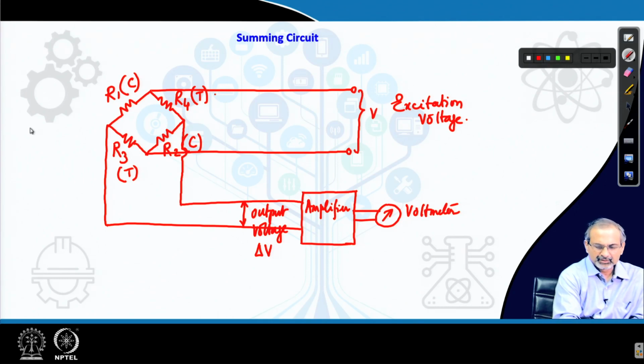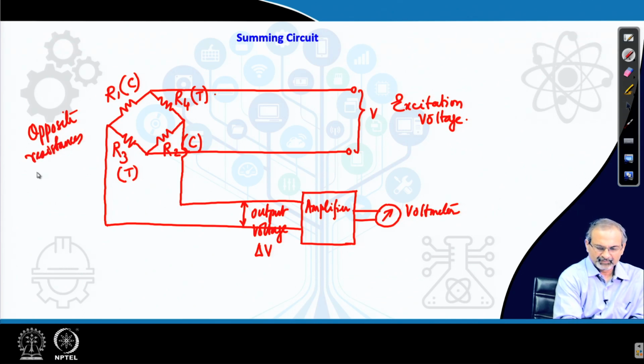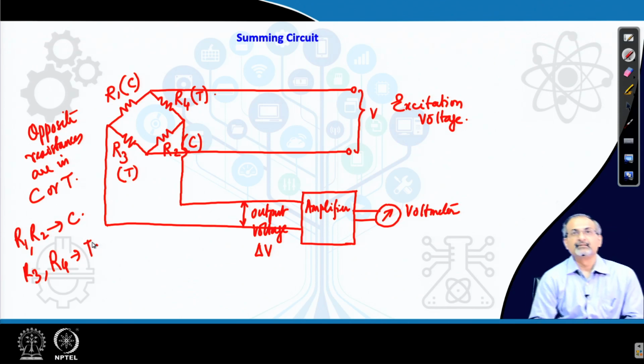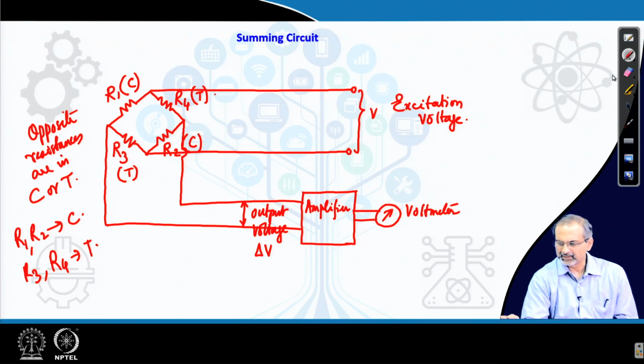So, here you note that the opposite resistances are in compression or tension, and note that R1 and R2 they are in compression, R3 and R4 are in tension. So, keeping this setup in mind will be very useful.